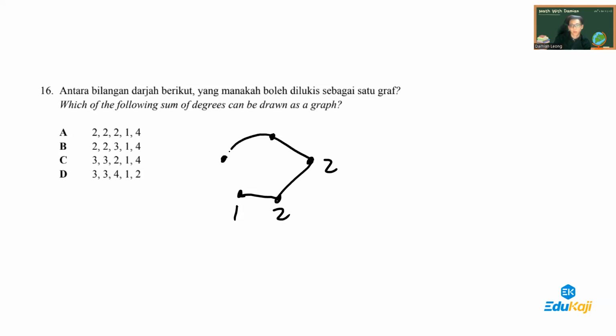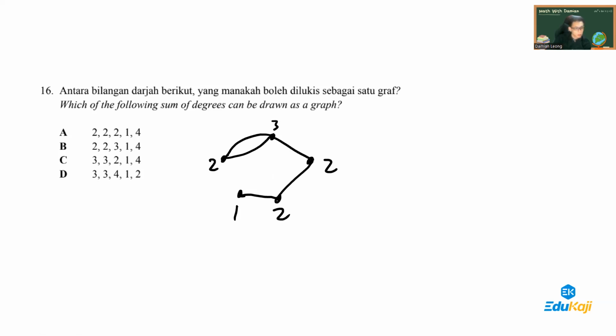Maybe if I connect like this, there's 3 here, 2 here. If I want to make it a 4, that will be quite weird also. So I don't think this can work.